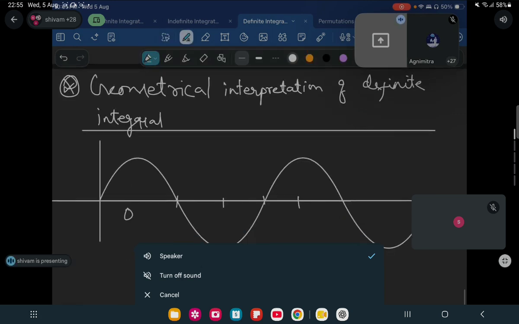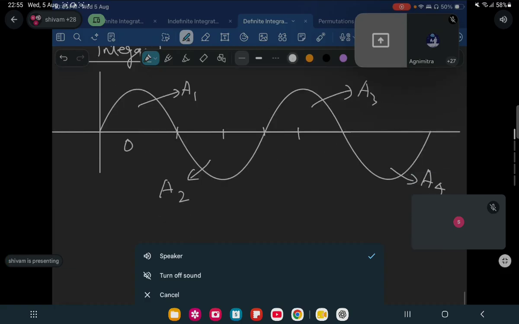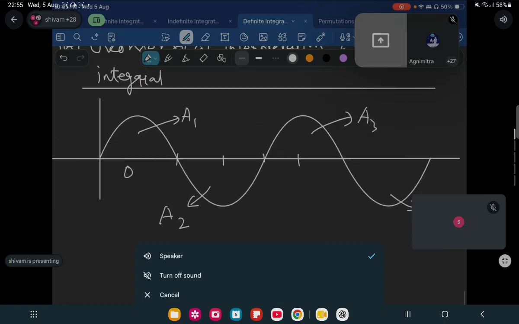Okay. Now let us say that this region is A1, this region is A2, this region is A3, and this region is A4. Okay. So integral of A to B f of x dx is numerically with sign.